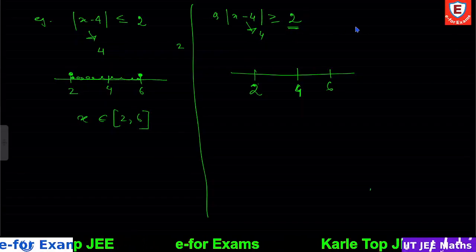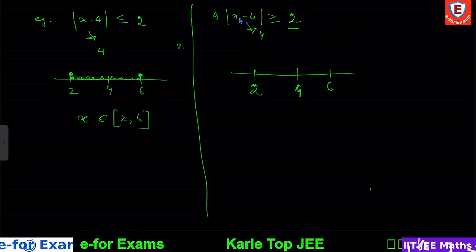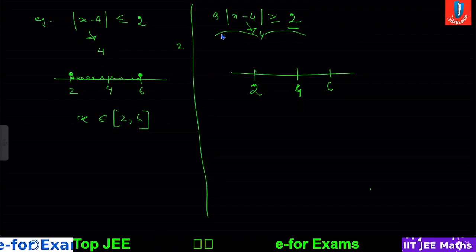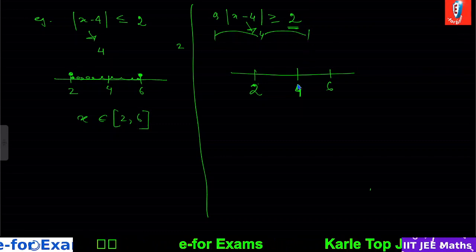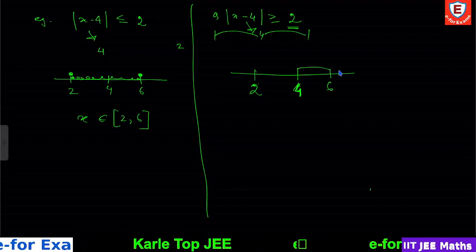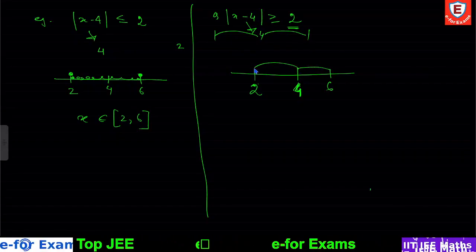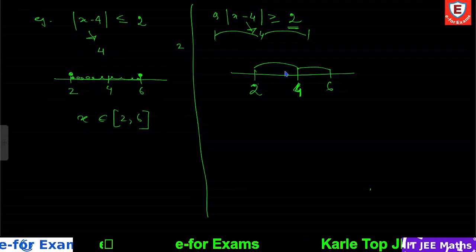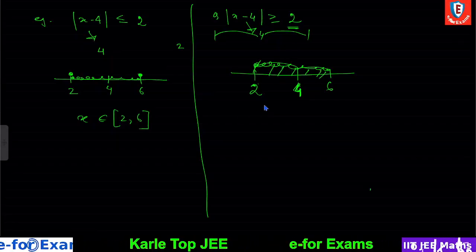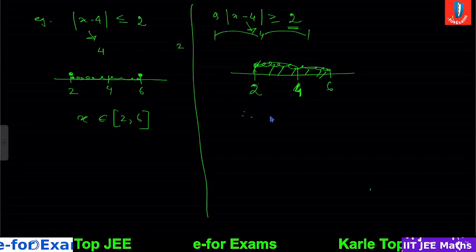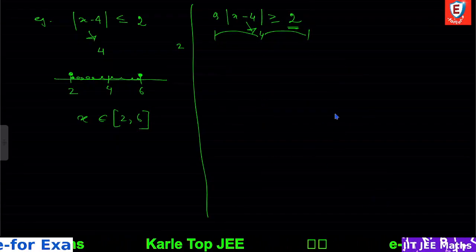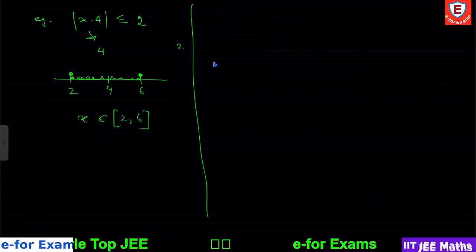So x can take values 2 away from 4 towards the right, which is 6, or 2 away from 4 towards the left, which is 2. So x will cover all this portion. Sorry, this is for less than.